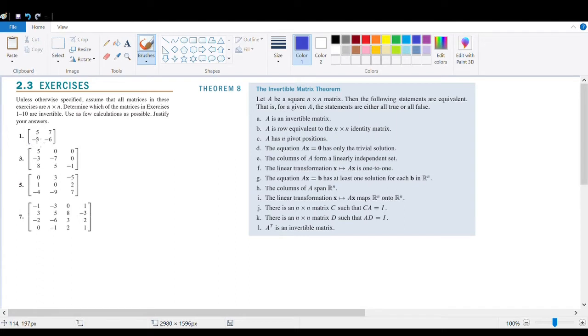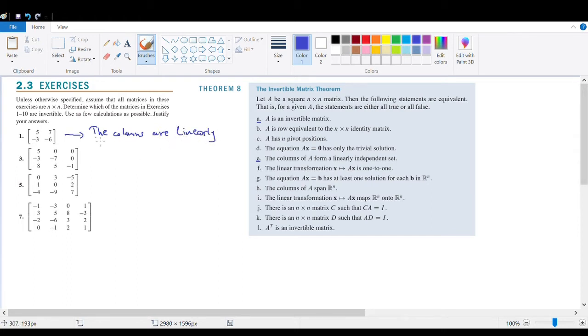It is clear from here, we have 5, minus 3, 7, minus 6. These columns are linearly independent, so that means this matrix is invertible, because according to Theorem 8, if the columns are linearly independent, then A should be invertible, which is part E and part A. So for 1, the columns are linearly independent because none of them is a multiple of the other.